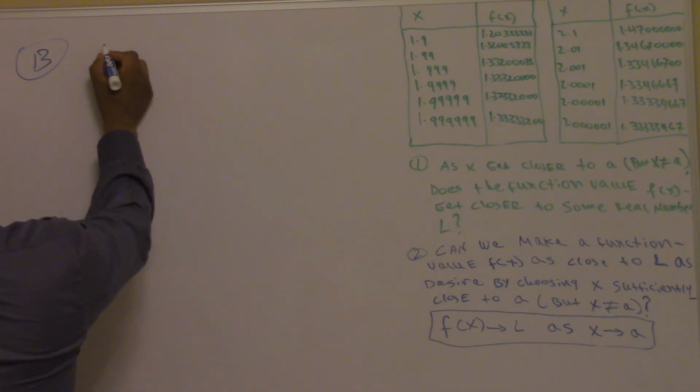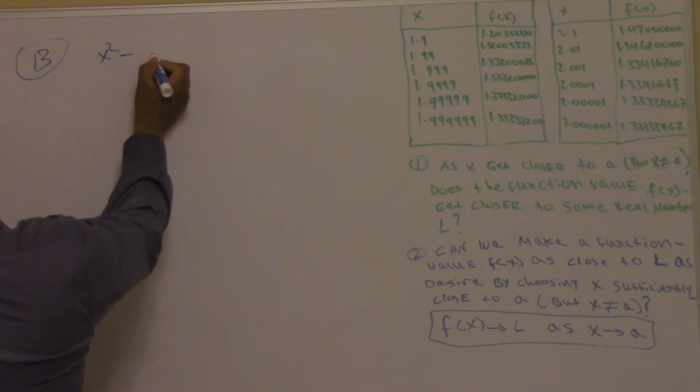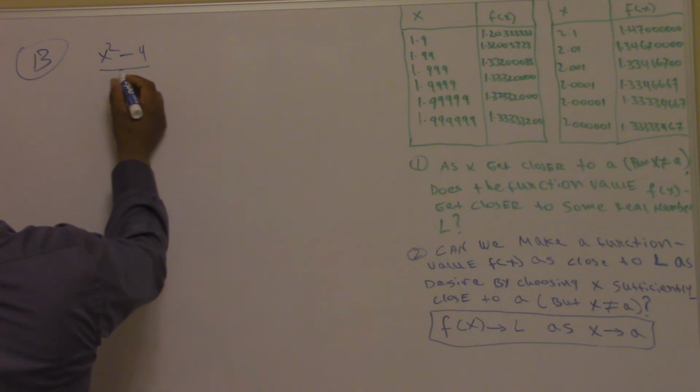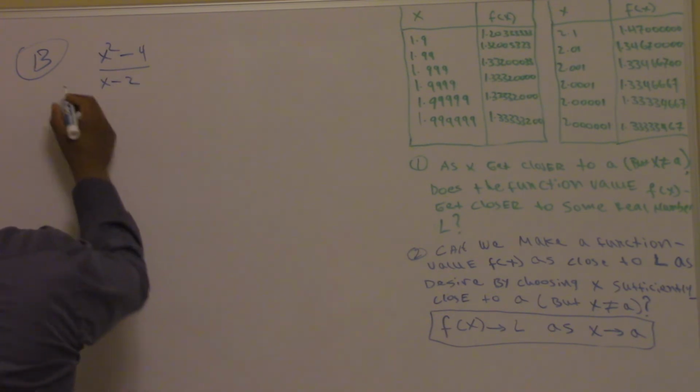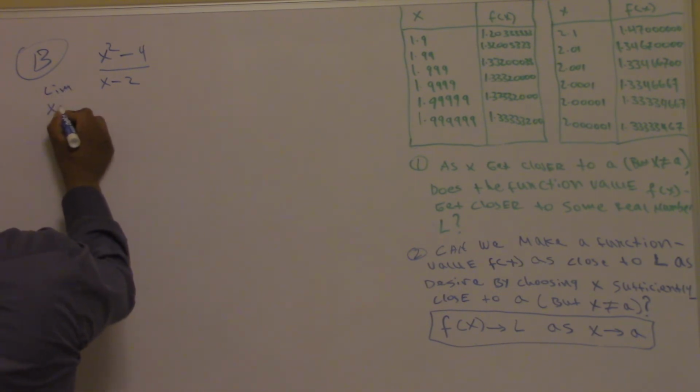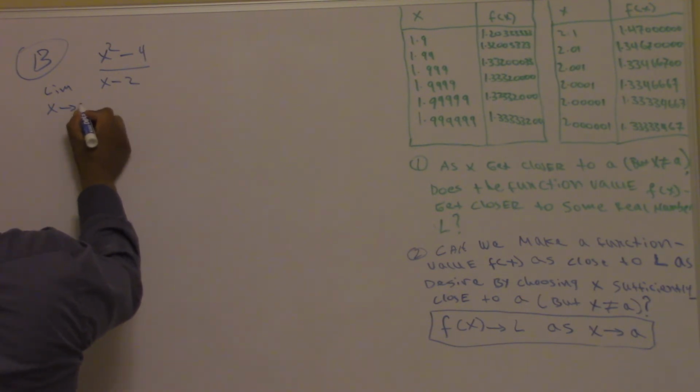Number 13, I got the limit of x squared minus 4 over x minus 2 as x approaches 2.